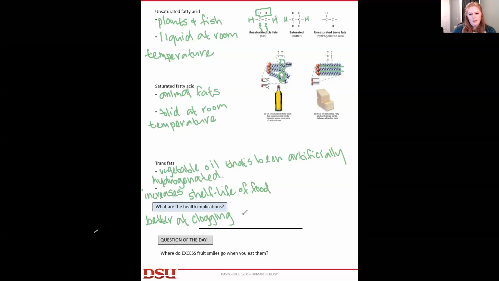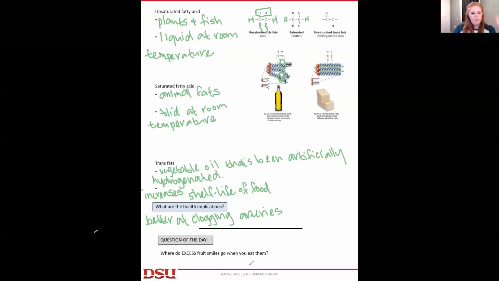They can also have a very negative impact on your not good cholesterol, if you will. So anything that's going to be saturated, not going to do so well when it comes to your health. And the trans fats for sure are the worst.